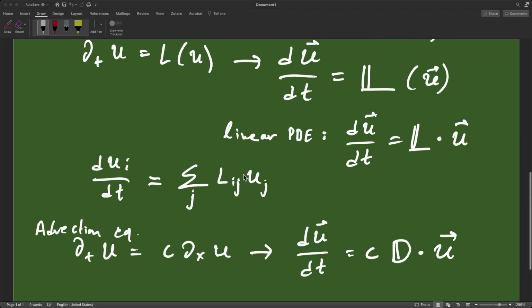So the system of ordinary differential equations are coupled through the operator L. So we have one differential equation for each component of U: U1, U2, U3, and so on, up to UN for all grid points. And these are all coupled. All these ordinary differential equations are time dependent, and they're coupled through this matrix L.